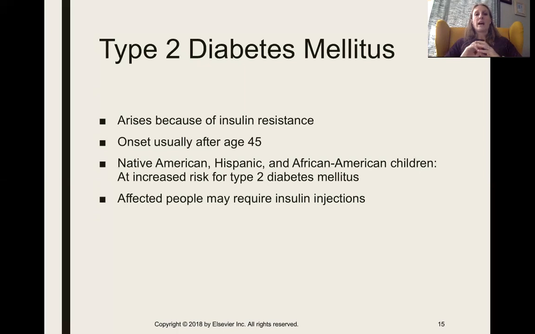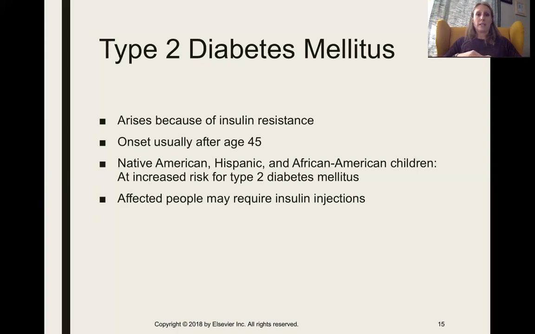Or we can have deficient release rates with seemingly normal receptor sensitivity, but because the rates are low, the amount of insulin that's allowed to attach to those receptors is decreased.